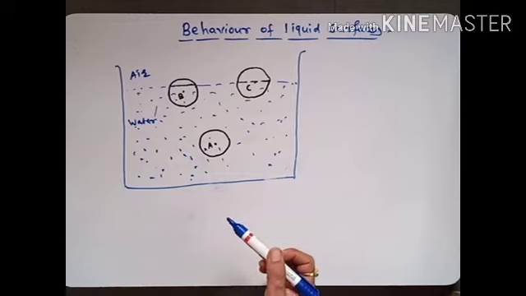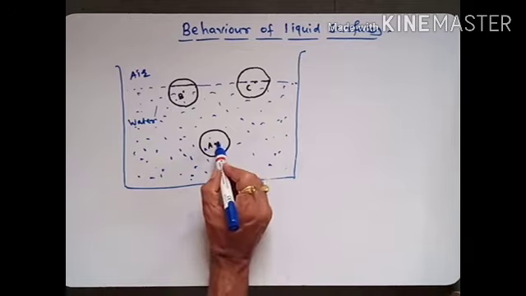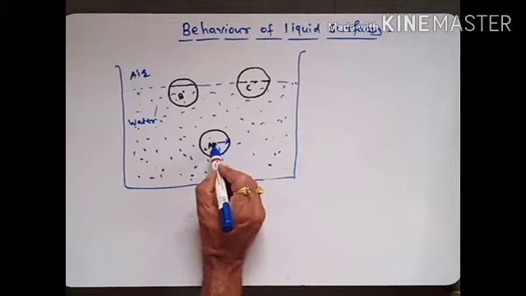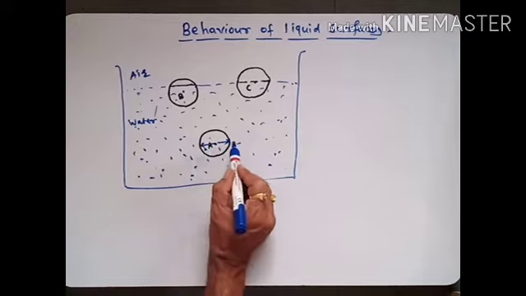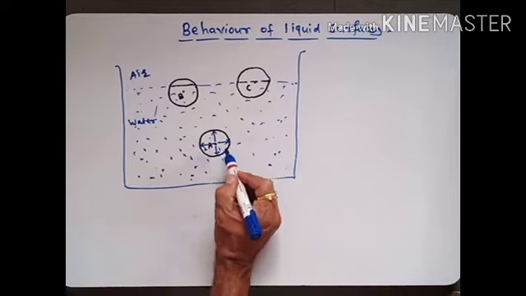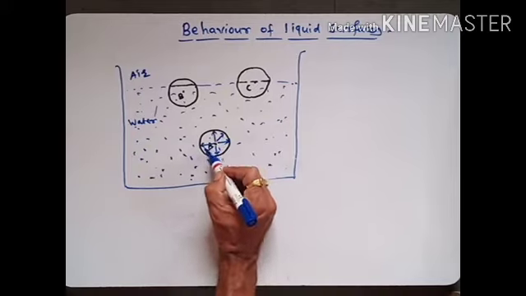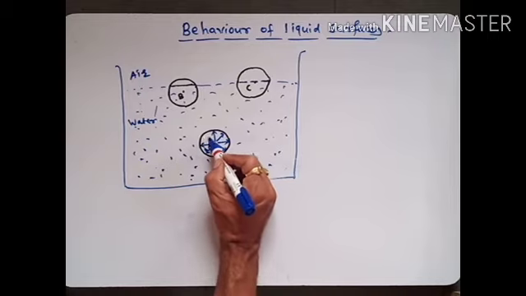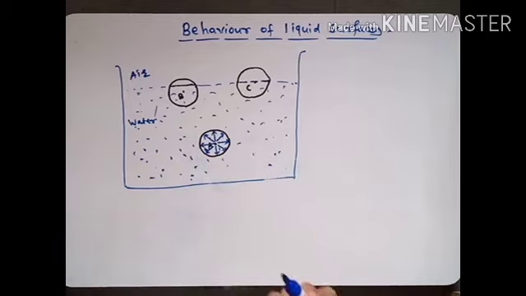Now molecule A is attracted equally in all directions with equal force, that is cohesive force. Suppose I consider only four directions. This molecule is attracted in this direction, upward direction, downward direction, this direction, this direction. That means this molecule is surrounded in all directions with all liquid molecules, water molecules.